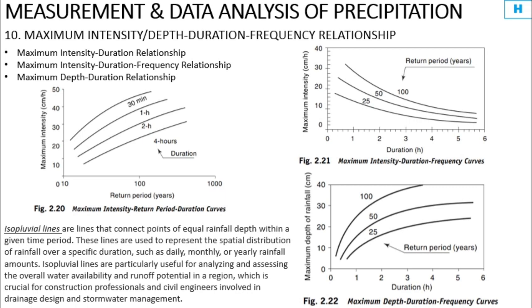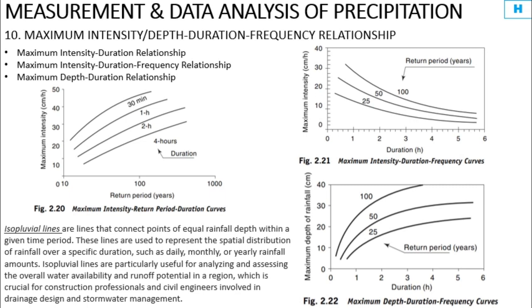So, along its x-axis is yung return period, ito yung t, versus yung maximum intensity. Next, this figure shows naman yung relationship between duration ng storm or ng rainfall versus yung maximum intensity. Then next figure, it shows yung duration versus maximum depth of rainfall.